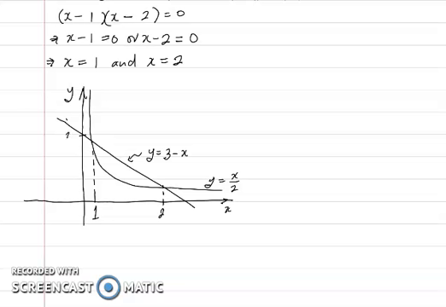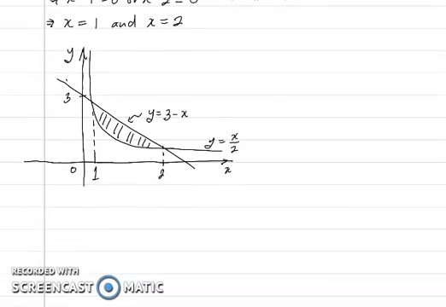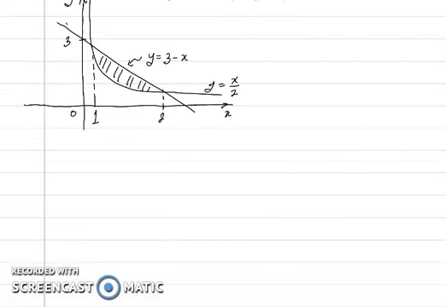So of course this intersects the x-axis here at 3. It's not the best sketch, but for what we have to do, it's okay. So now we have all the information that we need. And what we're calculating is the volume that is generated when the area that is enclosed by these two graphs is rotated 360 degrees about the x-axis.